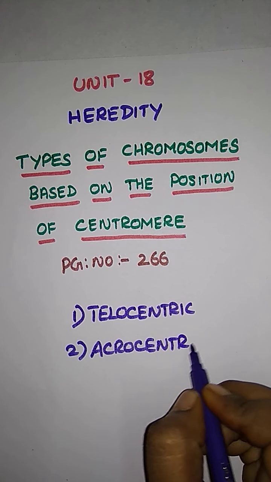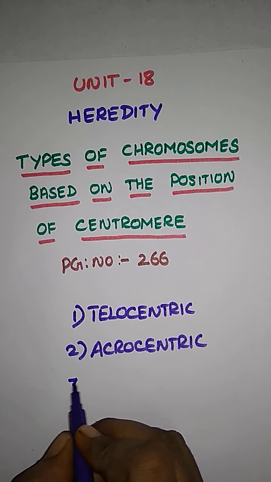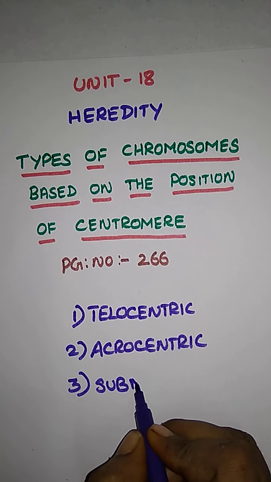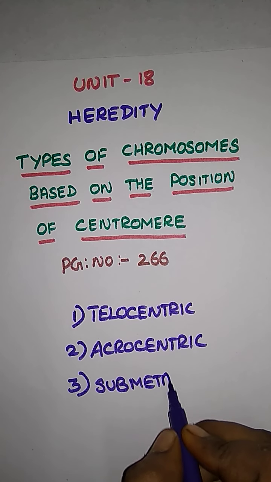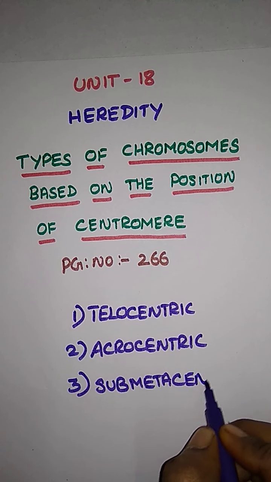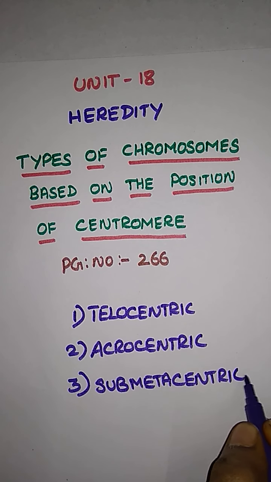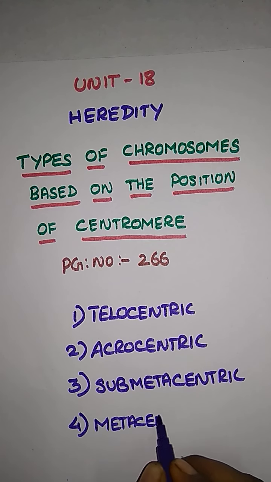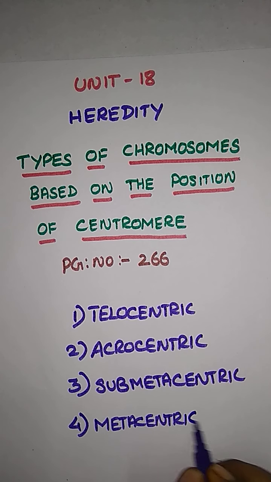Third one is the submetacentric. And fourth one is the metacentric. So these are the 4 types of chromosome based on the position of centromere.